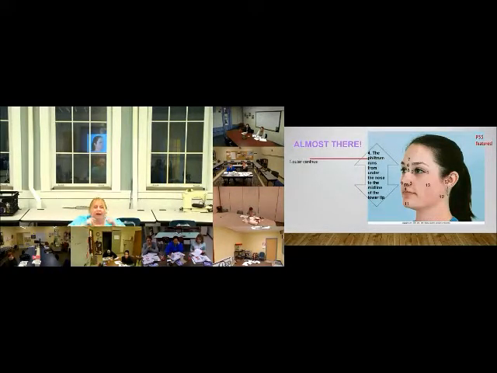So, outer canthus is the outside of your eyes. Inner canthus is the part of the eye near the nose. And the canthus gives our eye its shape.